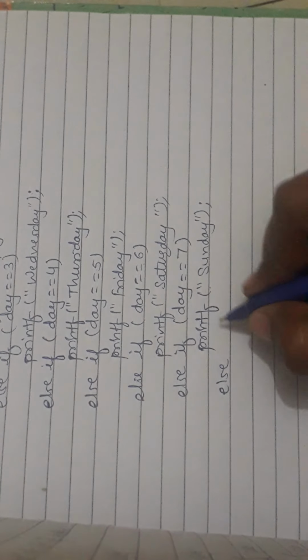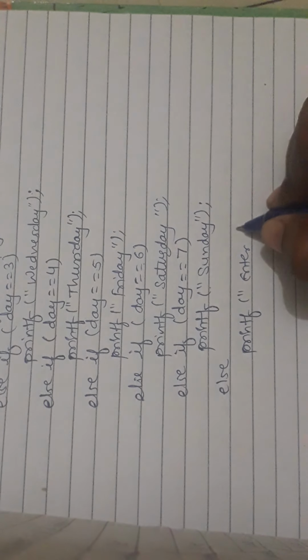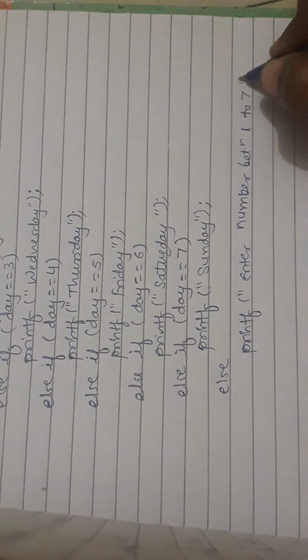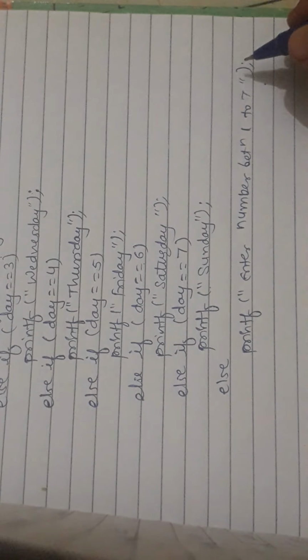So here in the else part we write the printf statement, with the message: enter number between 1 to 7.